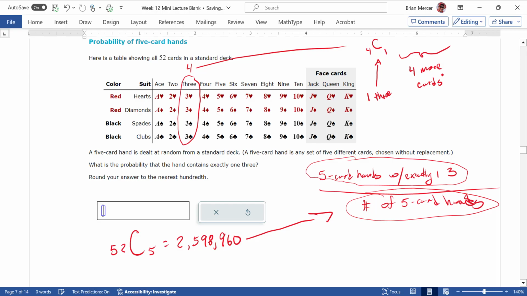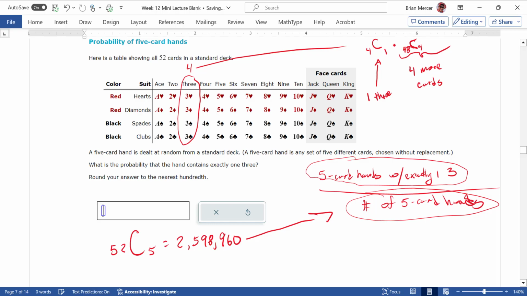So that means if I've already considered getting 1 of those 3s from the 4, then I have to get the other cards from the 48 non-3s. So 48 choose, that's an ugly C, choose how many more cards am I getting? Well, I need 4 more cards. So I'm choosing 4 from the 48 remaining non-3s.